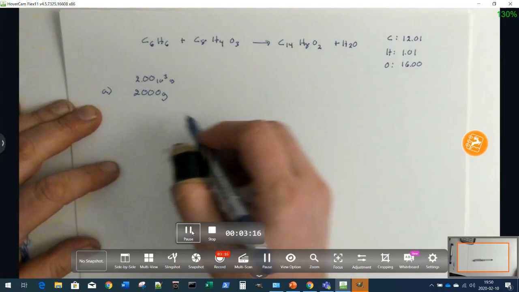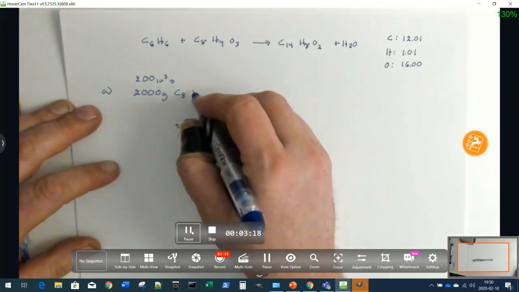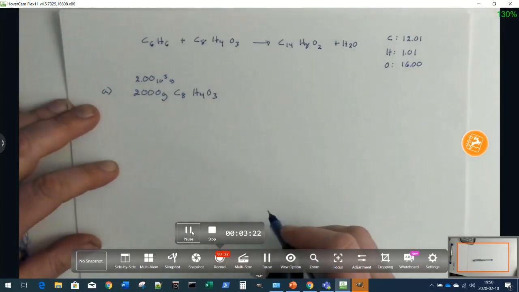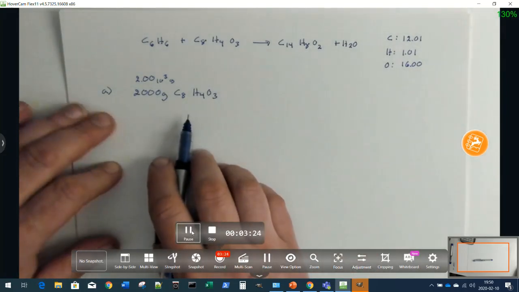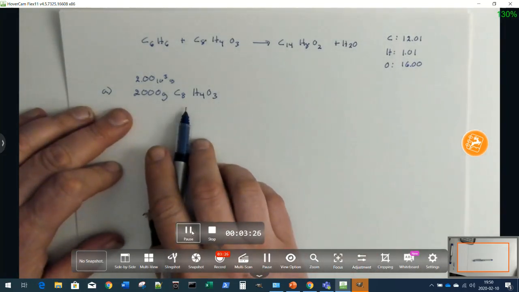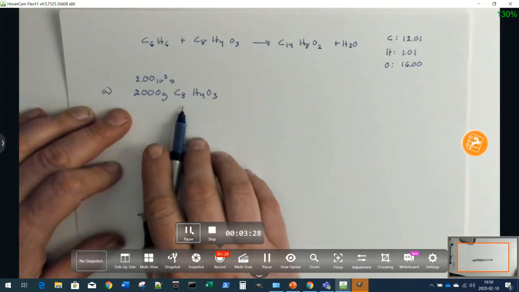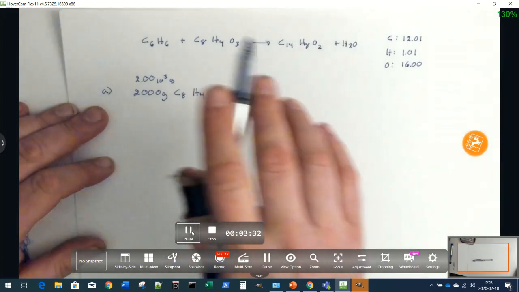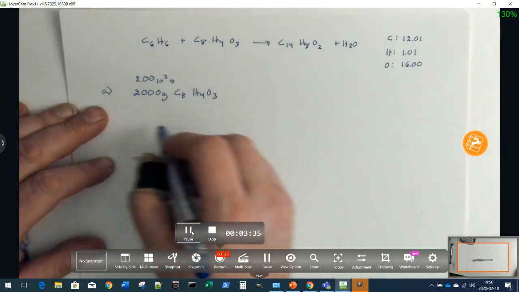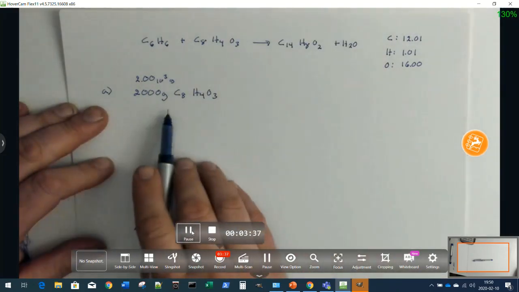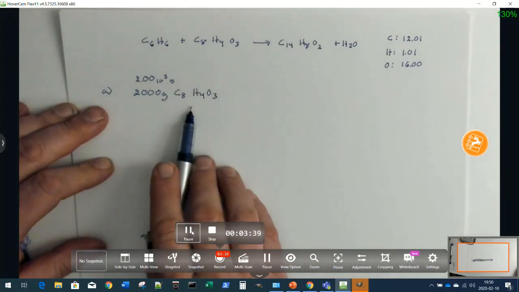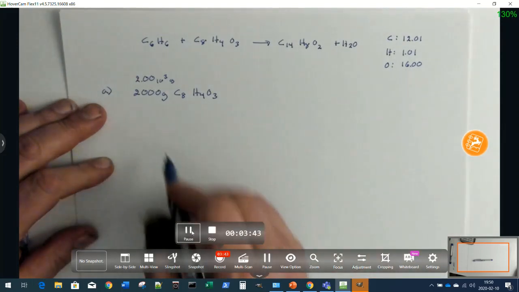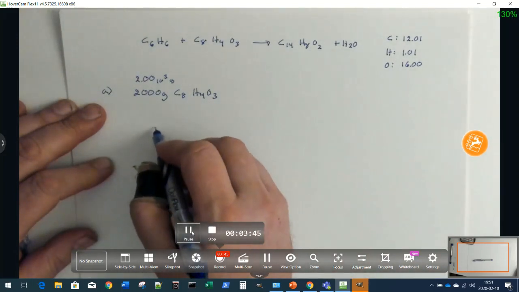So we have 2,000 grams of C8H4O3, and we want to know how much benzene reacts with this. What we need to do is find the number of moles. So we figure out what the molar mass is, and find out how many moles we have.